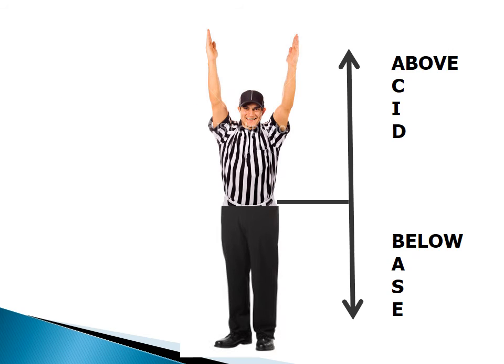Here's another one, the acid-base referee illustration. This is where the referee calls the shots if the acid or the base is lost. If it's above the waist, acid is lost. A, above the waist, A, acid is lost.